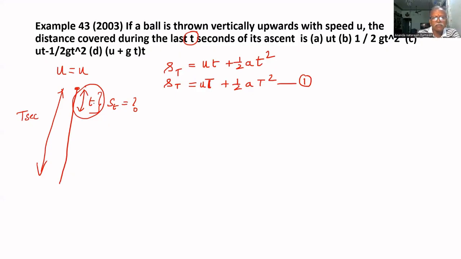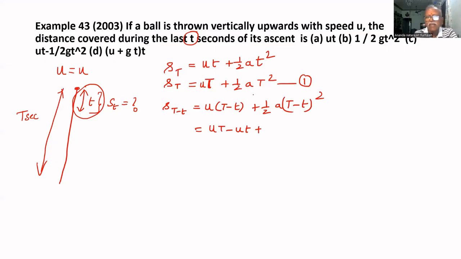If you subtract this t, then we have to find S(t) minus S(t minus τ), which equals u times t minus τ plus 1 by 2 a (t minus τ) whole square. That is equal to ut minus uτ, with a minus sign for the acceleration because it is going upward.